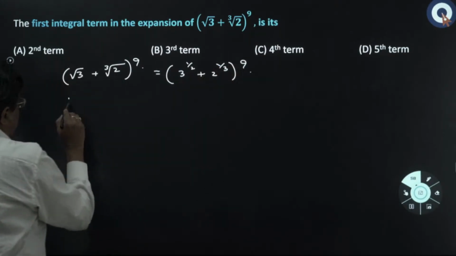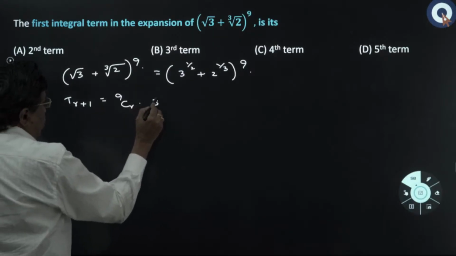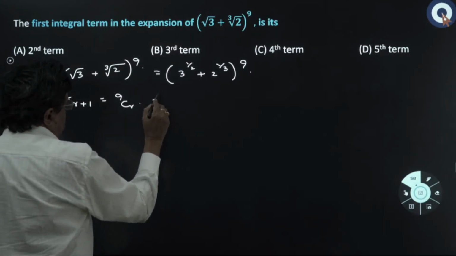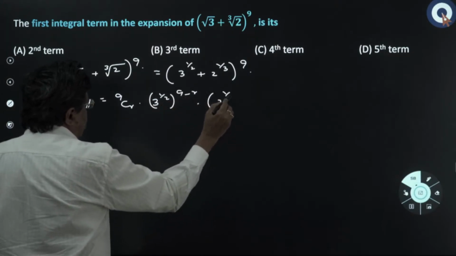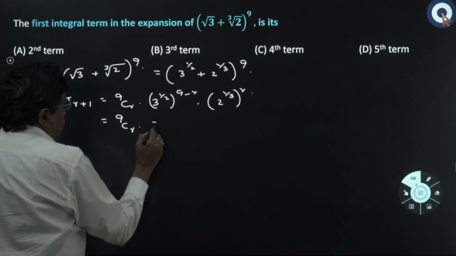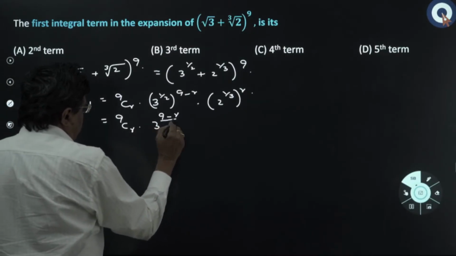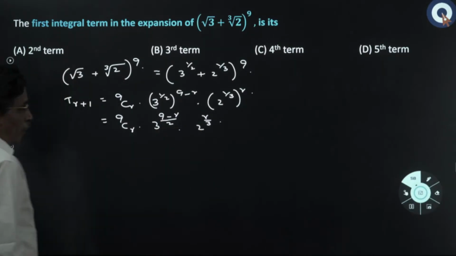Again the same thing, T(r+1) = 9Cr (3^(1/2))^(9-r) (2^(1/3))^r. So this is 9Cr 3^((9-r)/2) 2^(r/3).